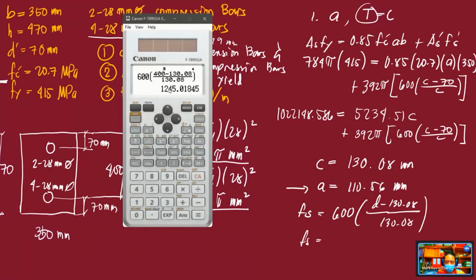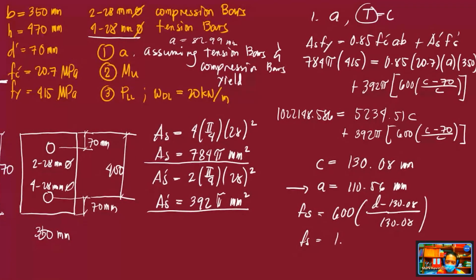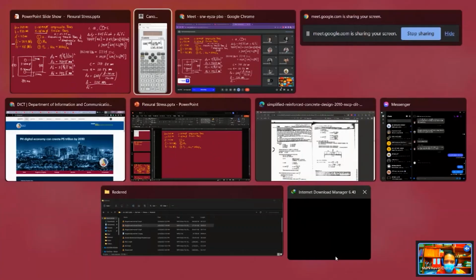So it really yielded in tension. Di ba? 1245 megapascal is way beyond the value of Fy. So it really yielded.